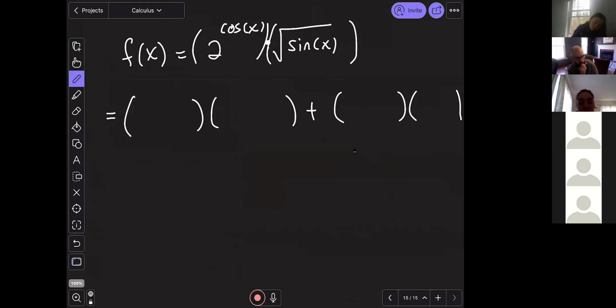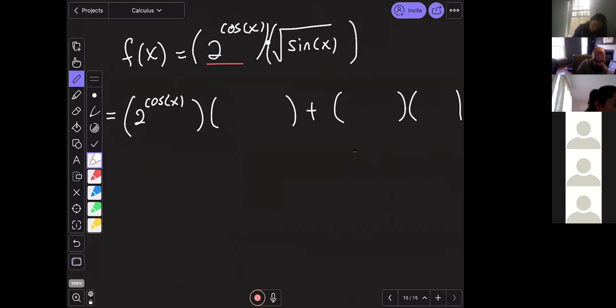I'm going to take the derivative of some of these pieces, and some of them I'm going to leave alone. So I take my first function, and that's going to be left alone. So I have 2 to the cosine x. And then I'm going to multiply over here by the derivative of square root of sine x.